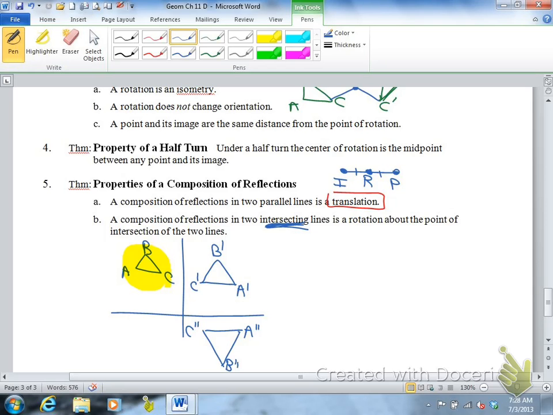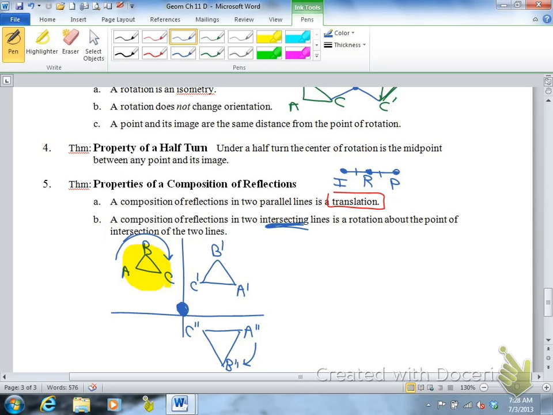So notice this is not a translation because the orientation is changed. But the orientation is changed as a rotation would. So notice you have ABC, which is clockwise, and you have A double prime, B double prime, C double prime around that direction, which is clockwise. At least my diagram isn't very good, but the point of rotation is right about there.